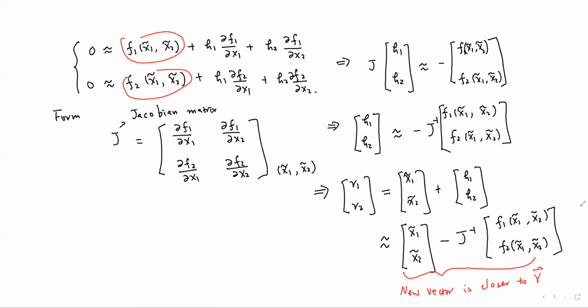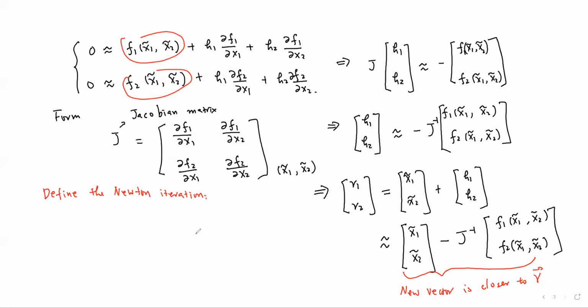Okay, now we define the Newton iteration as follows. Let me call x1 tilde, x2 tilde be x1k, x2k.